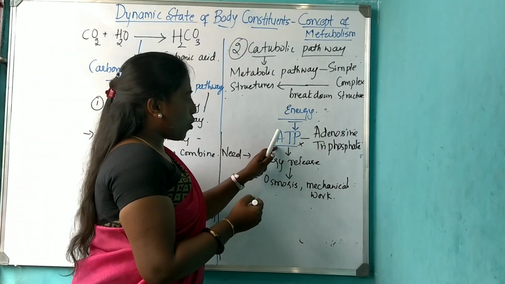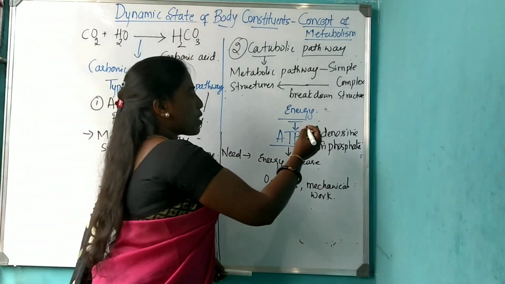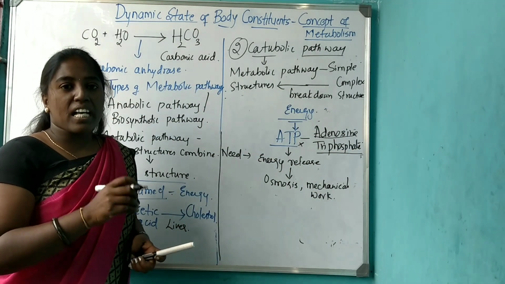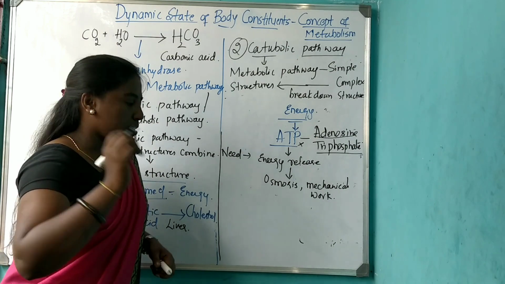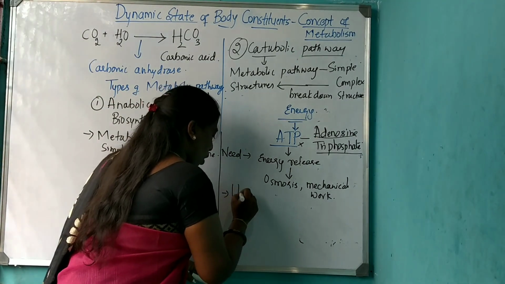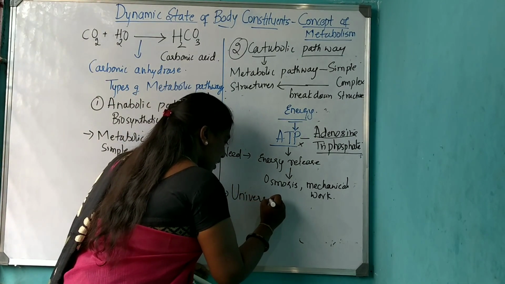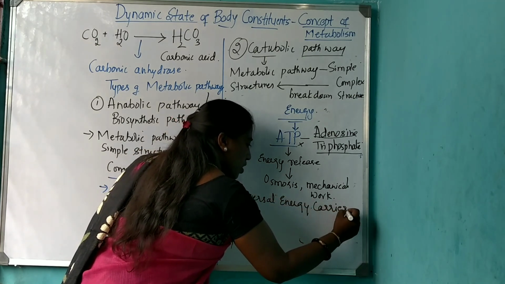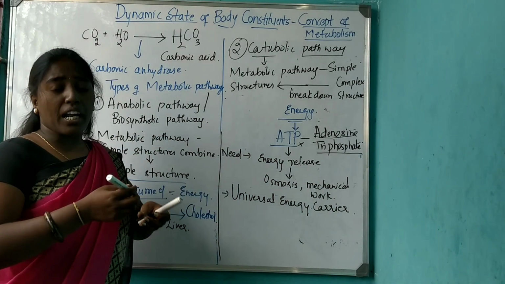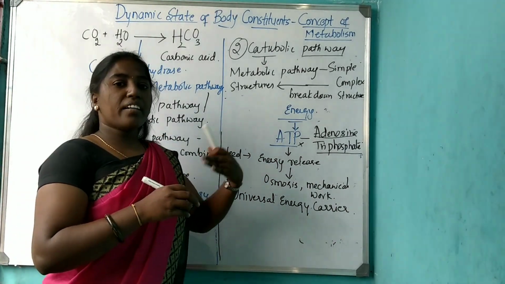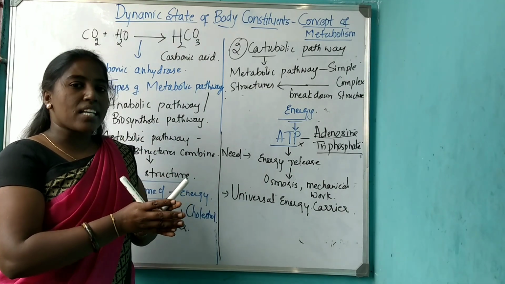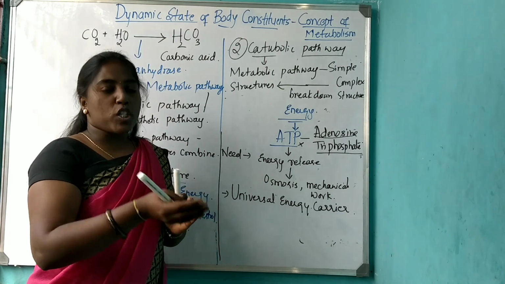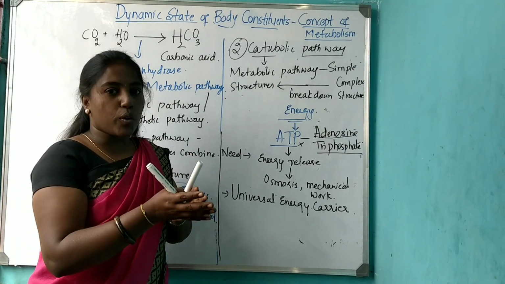Let us know some more about ATP. ATP, adenosine triphosphate, is also called the universal energy carrier. While discussing RNA, I told you that higher nucleotides, which have more than one phosphate group, can function as energy carriers.